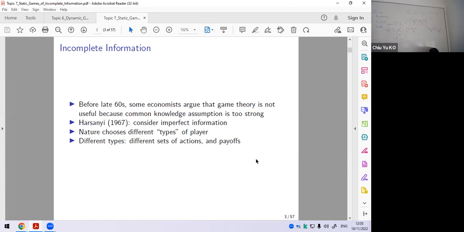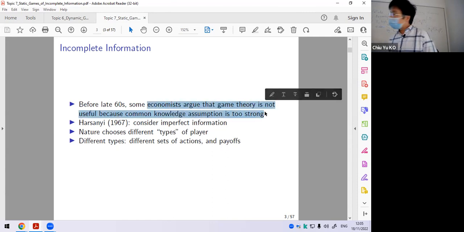Or in the case of the price war, you still more or less know most of the things, right? But the assumption that we know everything, that no player has an information advantage, is not quite right in many situations.